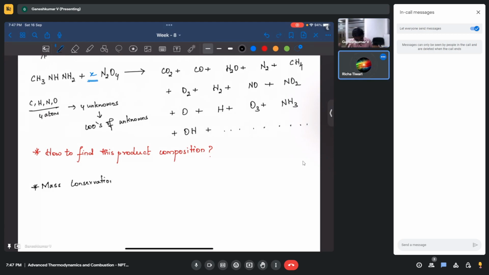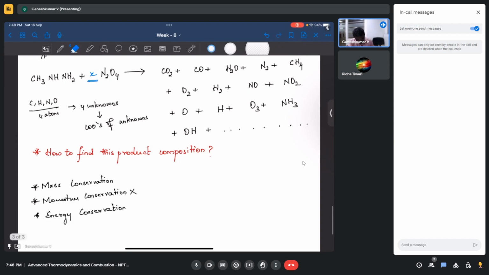These are the fundamental laws based on which you can solve any problem in engineering, at least in transport phenomena. Here we are not worried about the change in velocities and momentums, so we need not solve for momentum conservation.